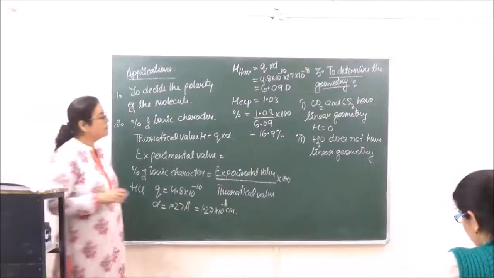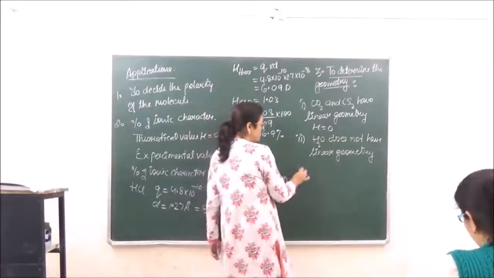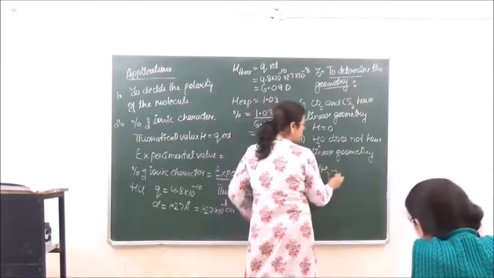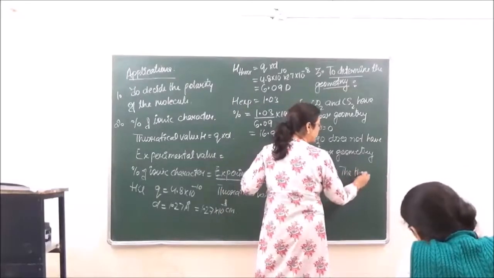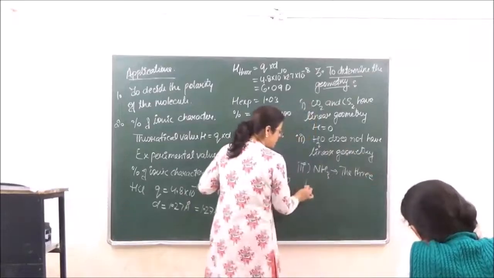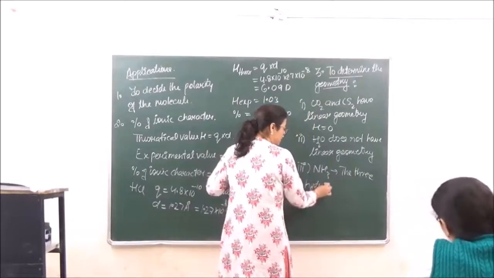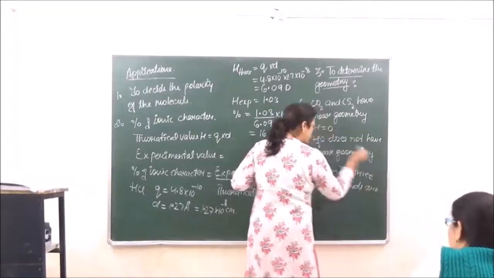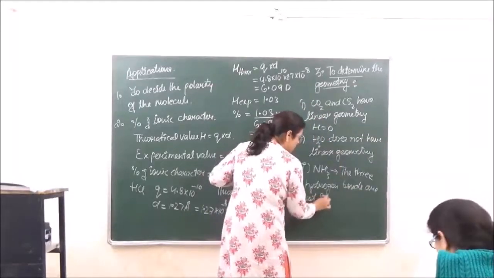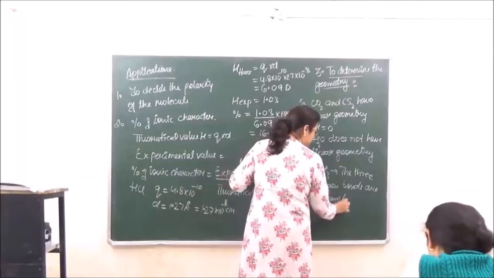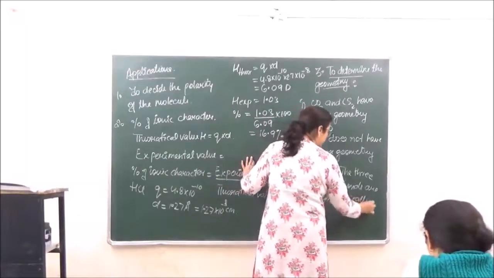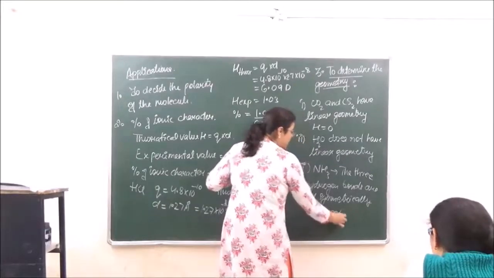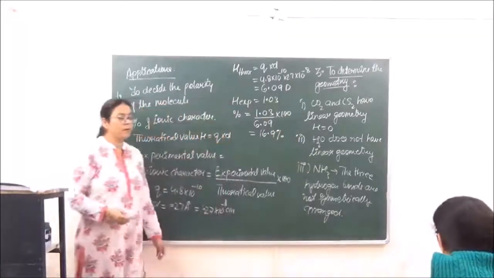Okay? Similarly, in case of ammonia, the three hydrogen bonds are not symmetrically arranged. Because they are not symmetrically arranged, they have a net value of dipole moment, okay?